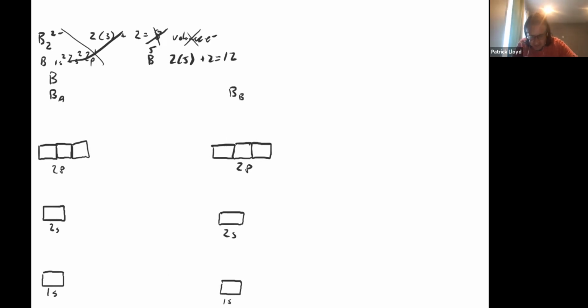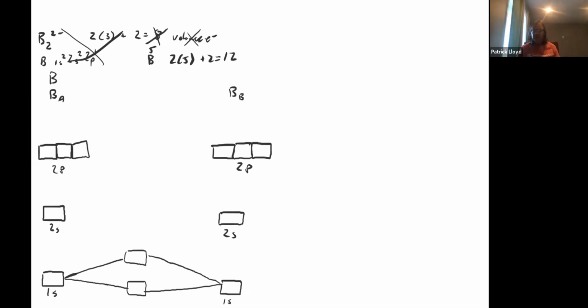The textbook table doesn't do this, but I'm going to do it this way. I'm going to draw little lines just to show you what's going on.